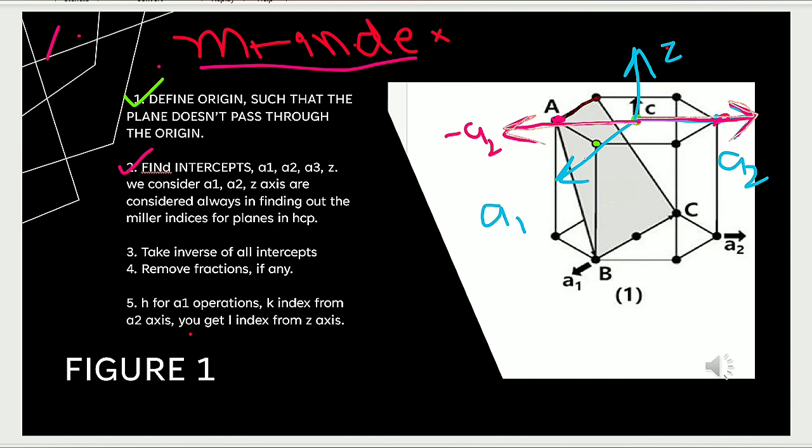Alright, so that should be clear to you people. Let me show you one more thing. Now this corner of A2, as I'm highlighting it by a green dot, a very big dot, is corresponding to a positive A1 direction. So the corner just opposite to this corner is this one.